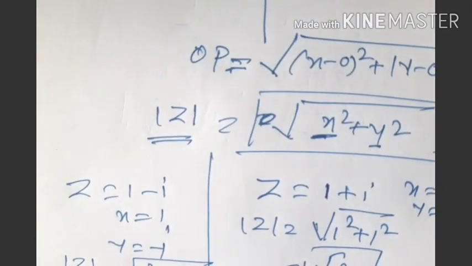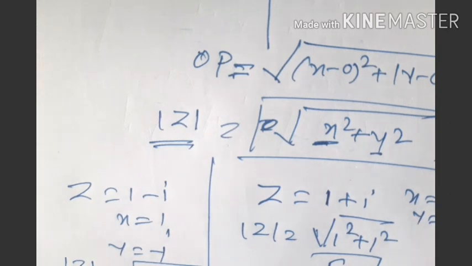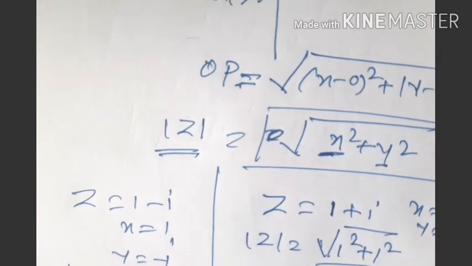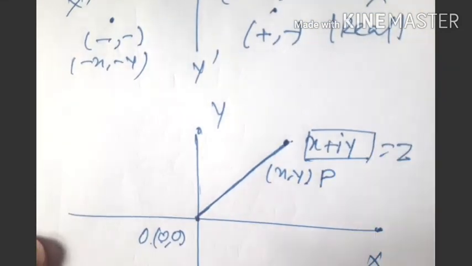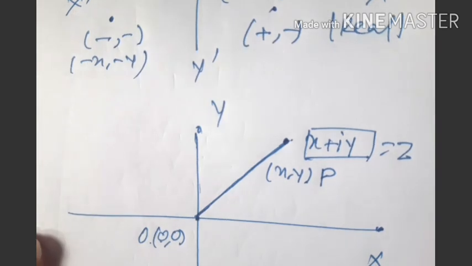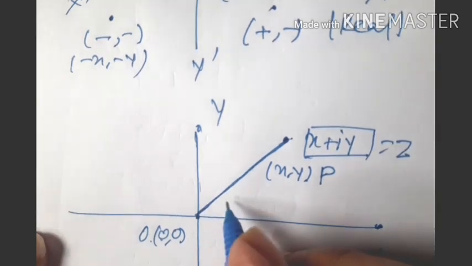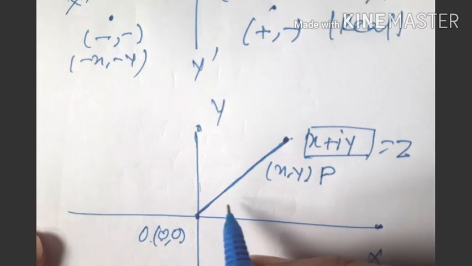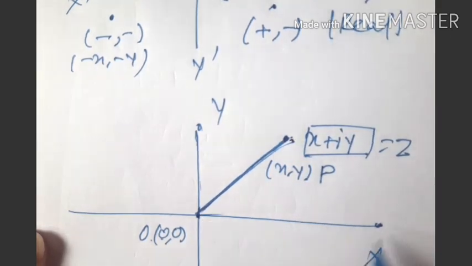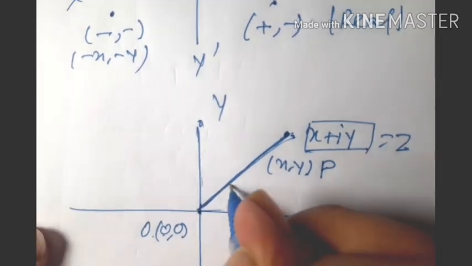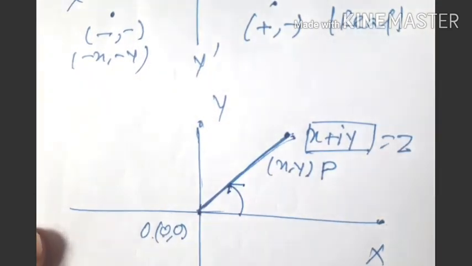Now by using modulus, we are going to start another important topic, that is argument. So let us come to the same diagram. What is argument? Argument is nothing but the angle of the modulus with the positive direction of the x-axis. That means I mean this angle.